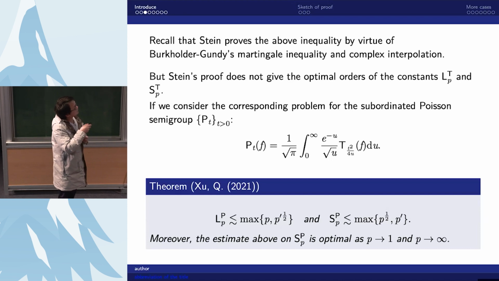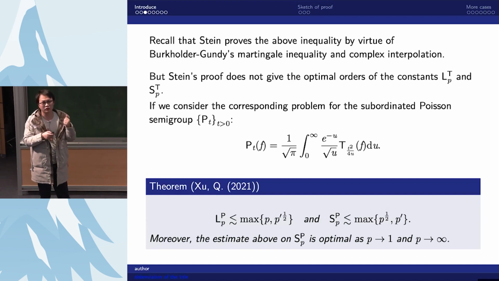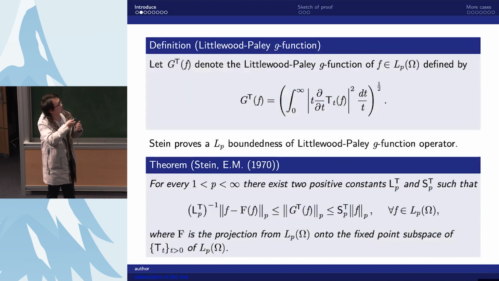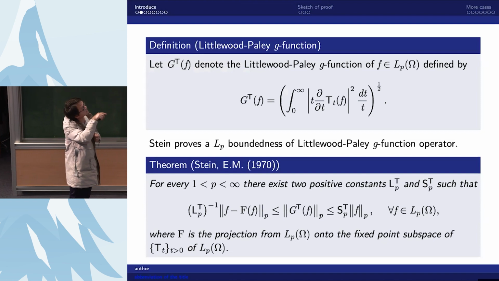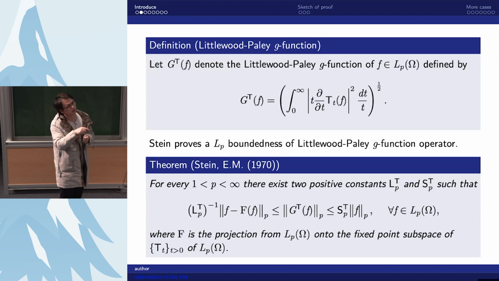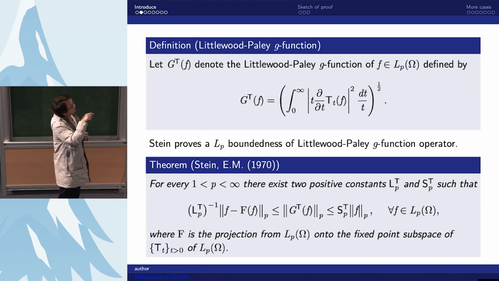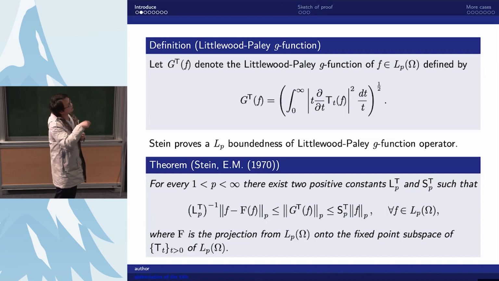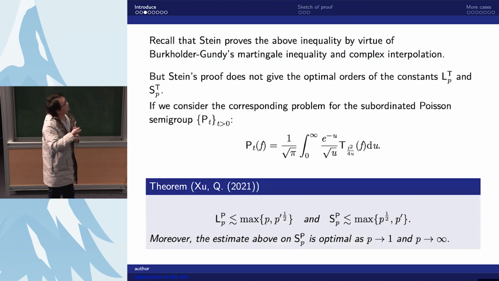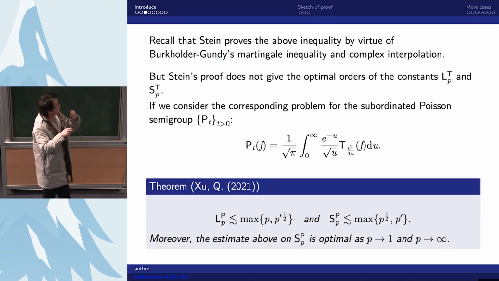L_p(P) and S_p(P) are the corresponding constants in the Littlewood-Paley-Stein inequality. Going back to the inequality, since the subordinated Poisson semigroup is also a symmetric diffusion semigroup, the semigroup P_t also satisfies this inequality, and the corresponding constants satisfy these two estimates.